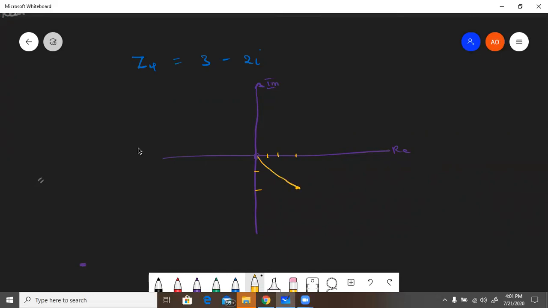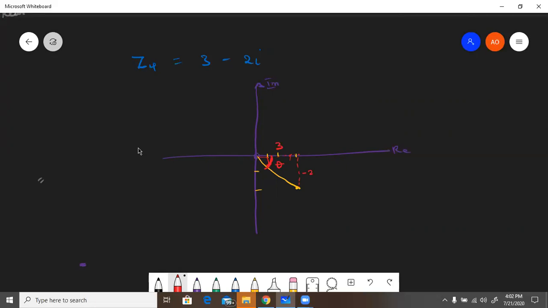So we have the vertical dimension and the horizontal dimension. The horizontal dimension is 3 and this is minus 2. We are moving in this direction, so this is our theta. There's no need for alpha here.